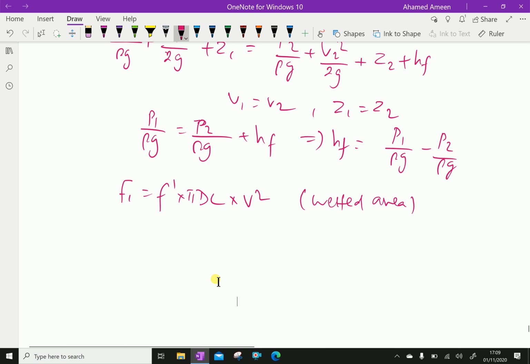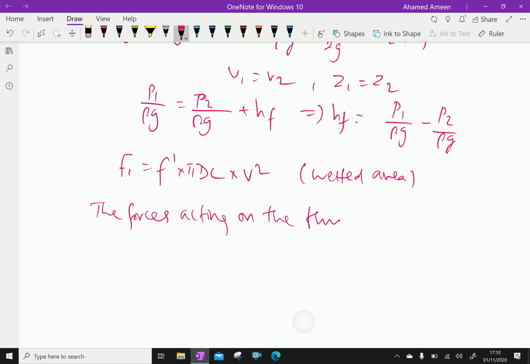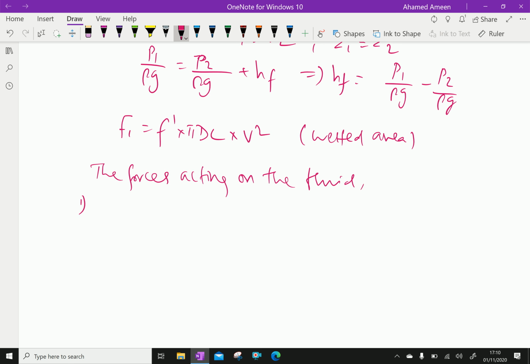Now the forces acting on the fluid are, first, the pressure force at section 1, that is P1 into the cross area of the pipe.